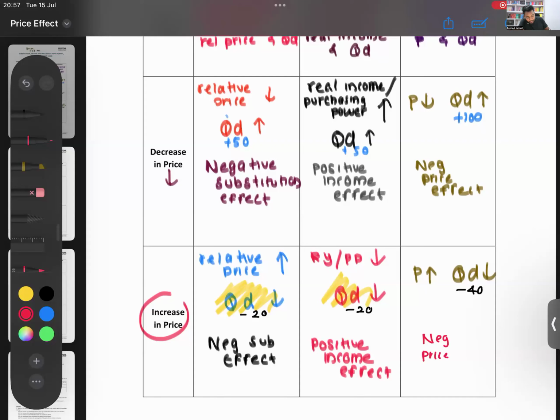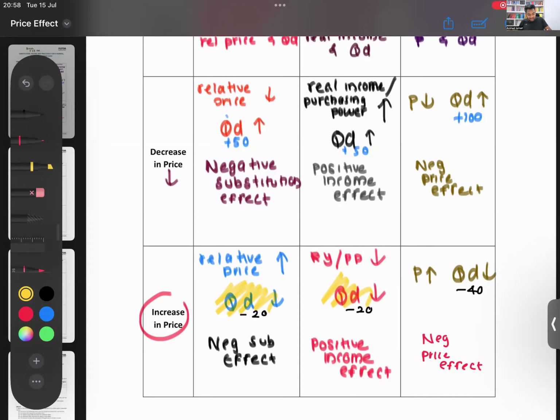So remember a few things. What does negative price effect mean? Negative price effect means that the good complies with the law of demand. The law of demand says there is a negative relationship between price and QD.